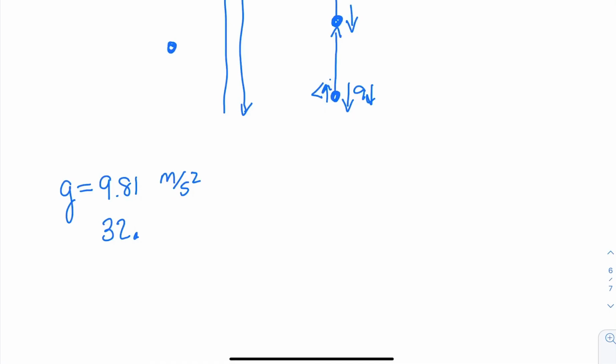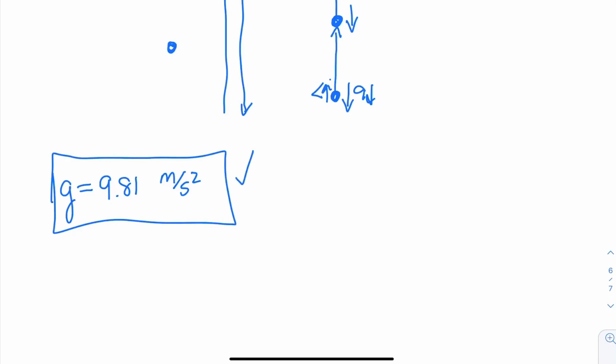But 9.81 certainly, and then 32. You guys would just be fine with 9.81 meters per second squared. As long as you know that, you should be good to go. But remember that this gravitational pull is always going down. It's never going up, so never make that mistake.